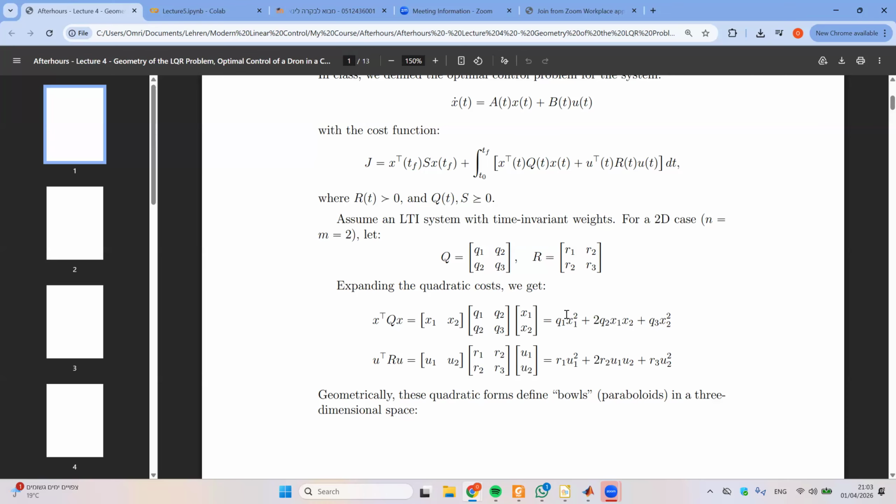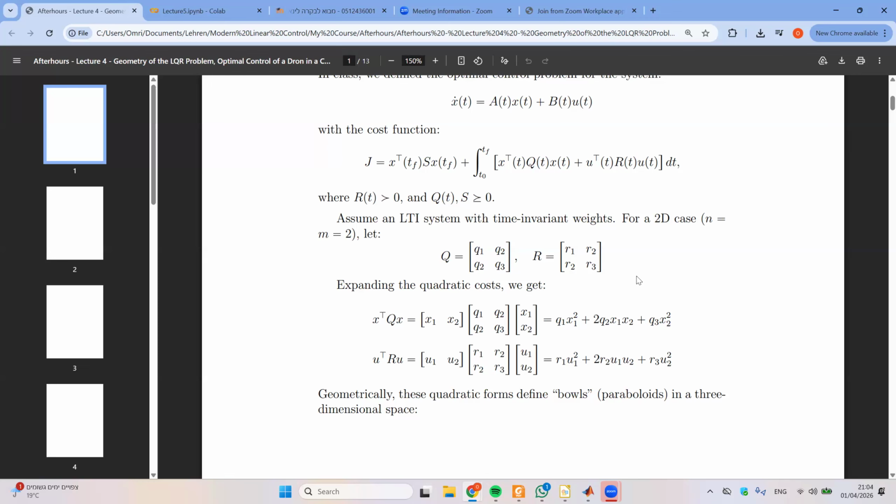So note that here everything is a square, and you have the first term times the second term, which is also like second order, and the same thing here. Now, these are quadratic functions, quadratic forms, and they define paraboloids, which is like balls in three-dimensional space.